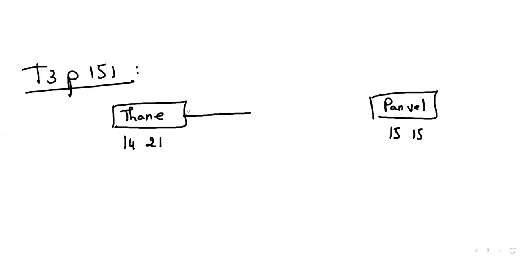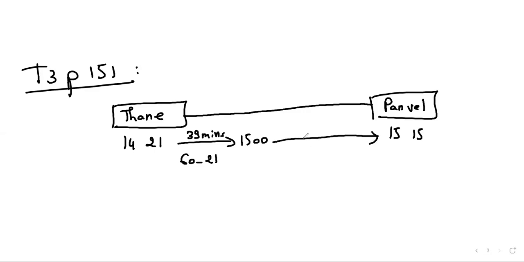So I need to get the full time here. From 14:21 to 15:00, how many minutes do I have? I just need to do 60 minus 21, so it will be 39 minutes. And after that, from 15:00 to 15:15, I just need to add 15 minutes.